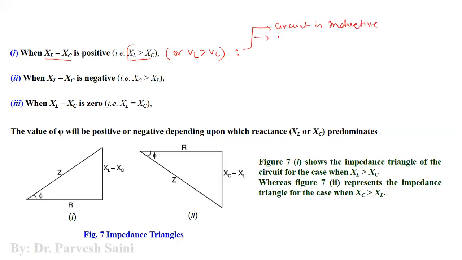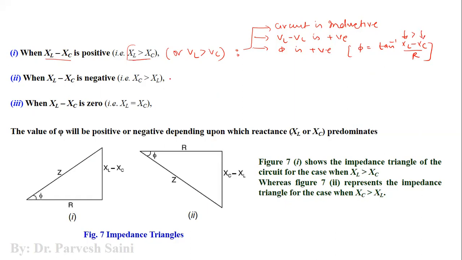Your VL minus VC is positive and phi is positive, because phi is tan inverse of XL minus XC by R. So if XL is greater than XC, it is positive.